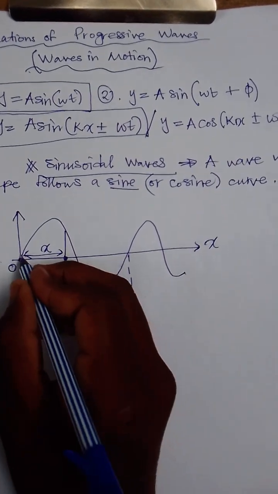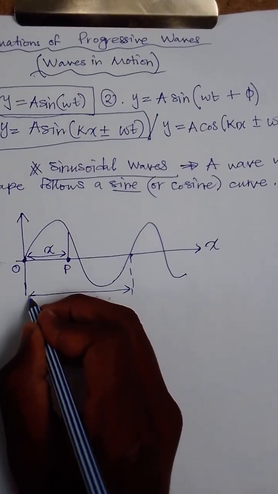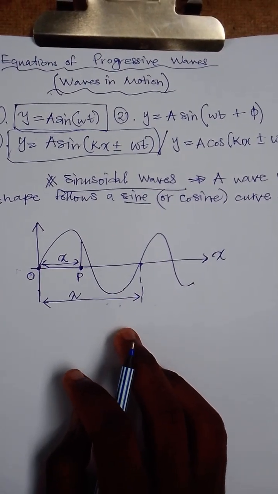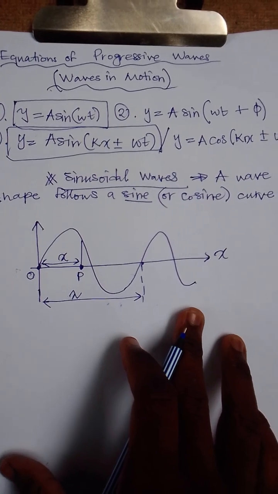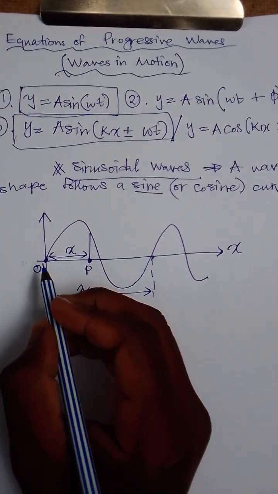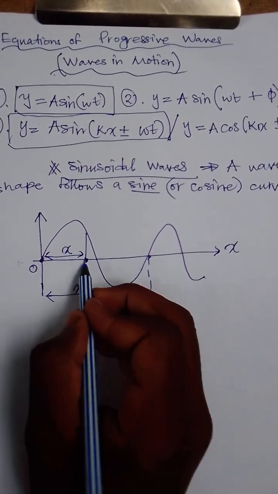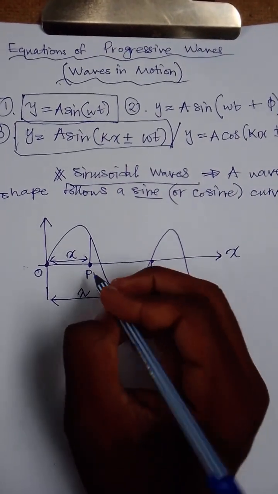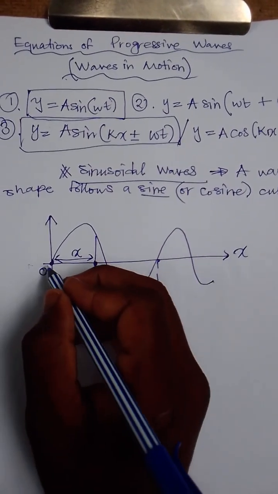The distance from here up to this point is the wavelength. So I want to show you how to find the displacement from here up to here, like the formula we use for displacement at point B and at point O.